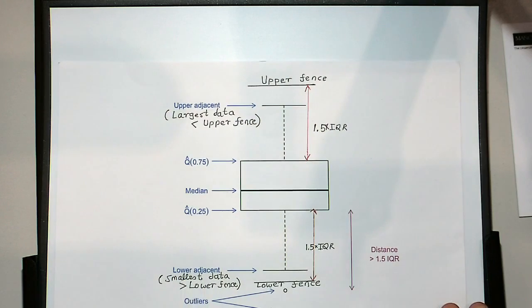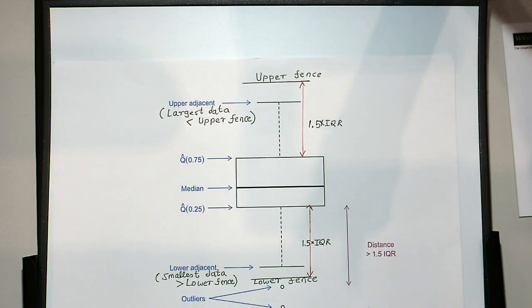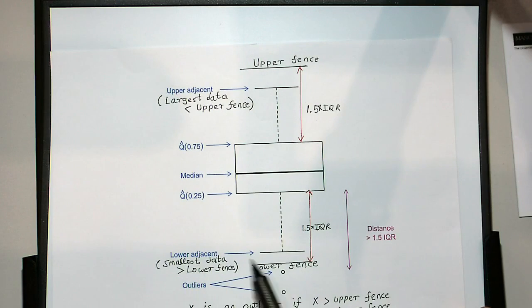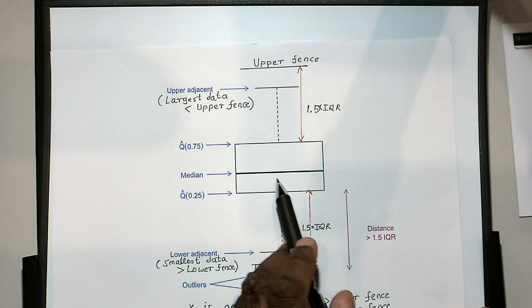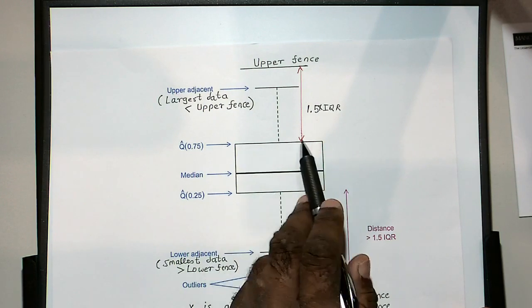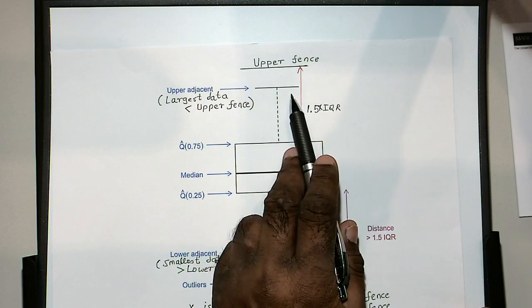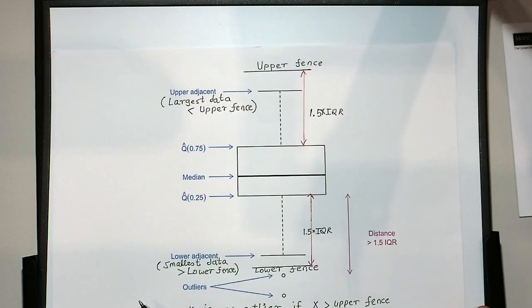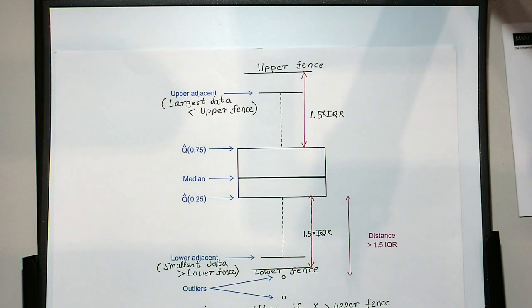So there are a few things you need to know about the box plot. There is the lower fence, then the lower adjacent, then the first quartile, the median, the third quartile, the upper adjacent, and the upper fence, right? So all those items that I just talked about make up what is known as a box plot, right? Okay, is that clear?